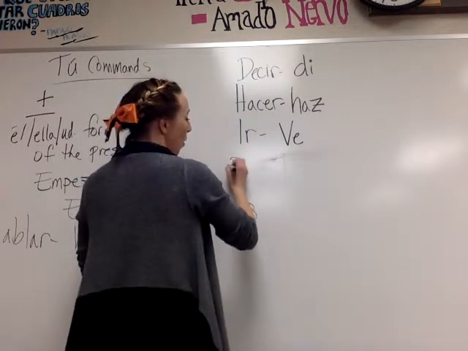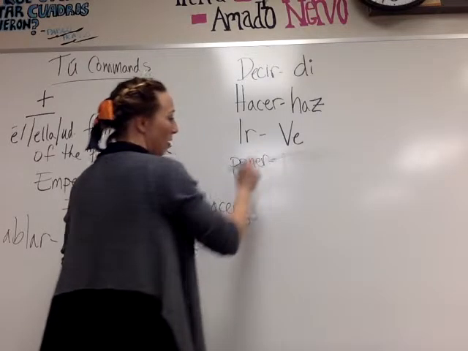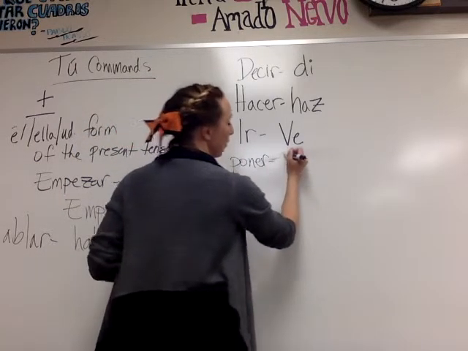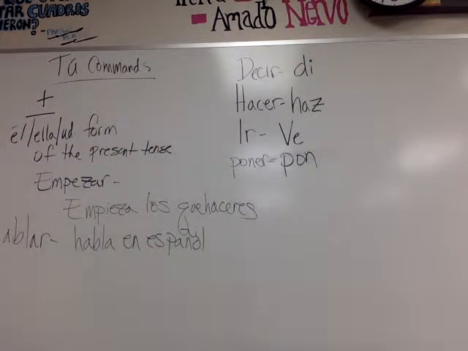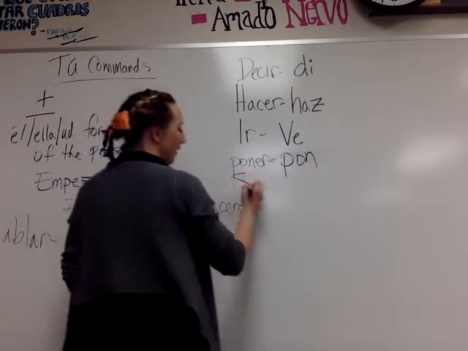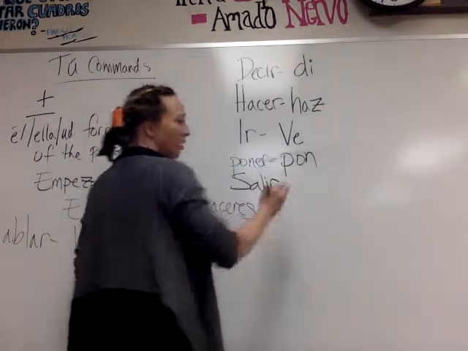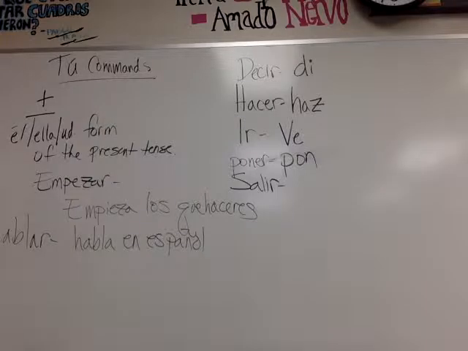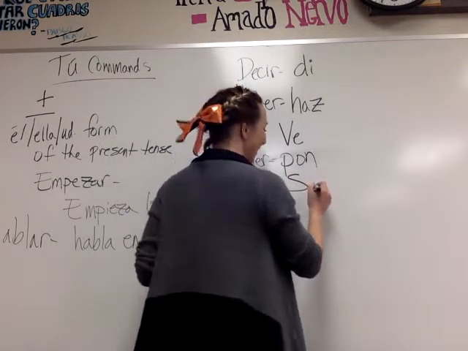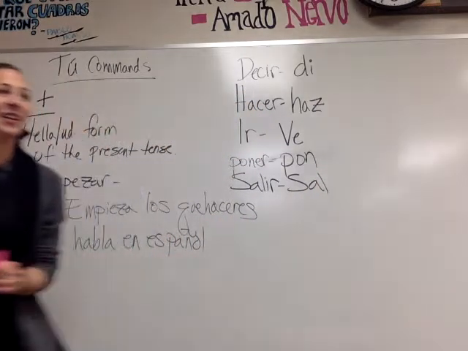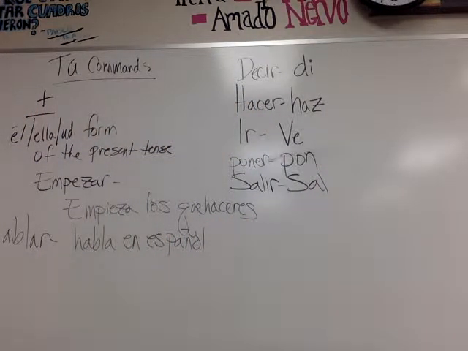Also, we have poner la mesa, right, to set the table. The tú command of poner is pon. All right. Next one is salir. What does salir mean? To leave or to go out. The tú command for salir is sal. So sal also means salt, right? So again, the context clues are what is going to set this apart for us.